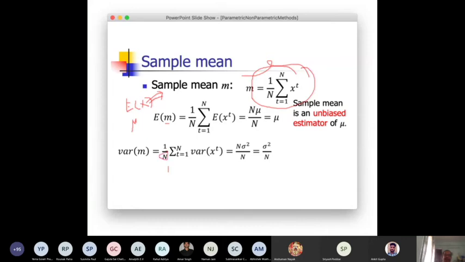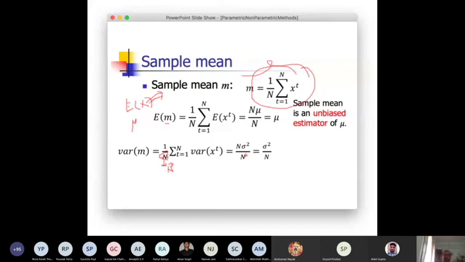The scale factor will be... So individual x_t by N would be 1 by N square into variance of x_t, right? Is it clear now? Yes, sir. Right. Thank you very much. So this should be N square. I will be correcting it. This should be N square, and this is N square, and then it is sigma square by N. Okay, good.